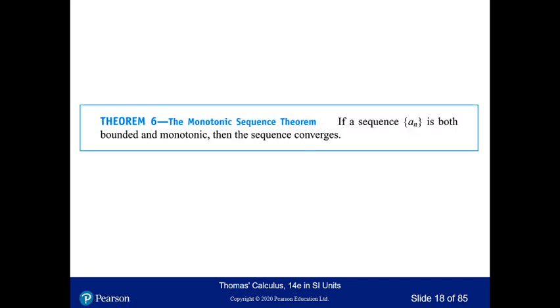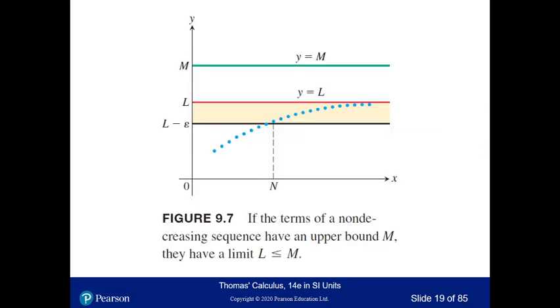We have a monotonic sequence theorem. If you have a sequence that is both bounded and monotonic, then for sure it is going to converge. Which means if the sequence is, let's say, increasing and it's bounded, it's going to increase, but there's a bound, so definitely it's going to converge. Or if you have a sequence that's going to decrease, but there's a bound from below, we expect that it's convergent.